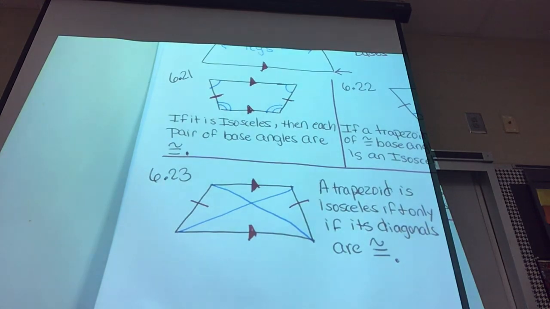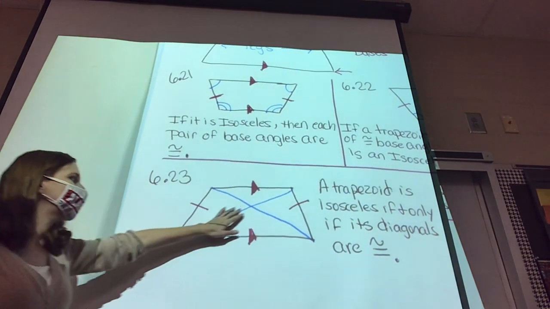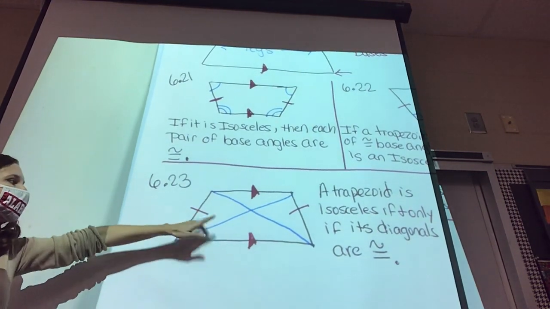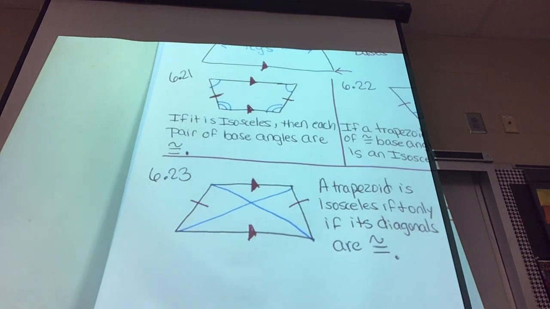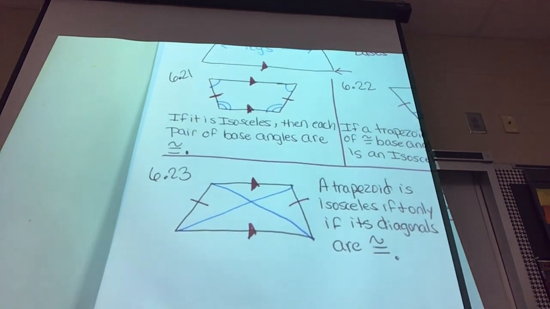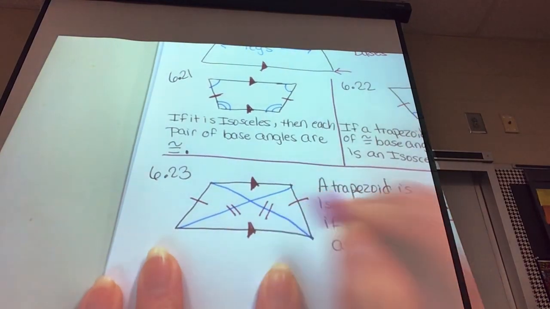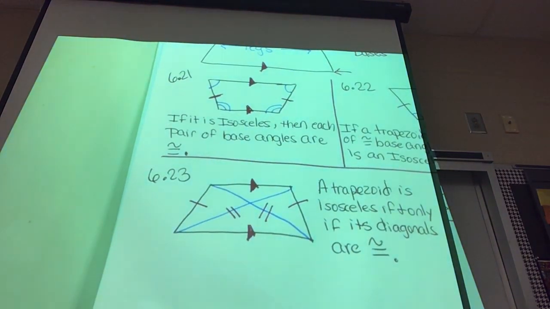So, what does that mean? We now know that for it to be an isosceles, these two now have to be congruent. So that means this one now has to be congruent to this one.